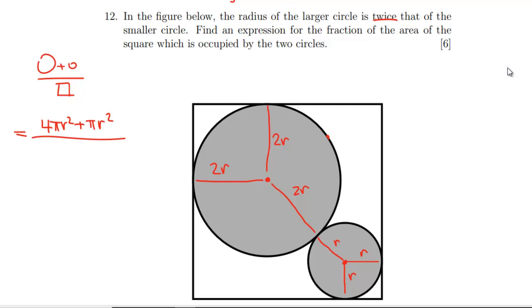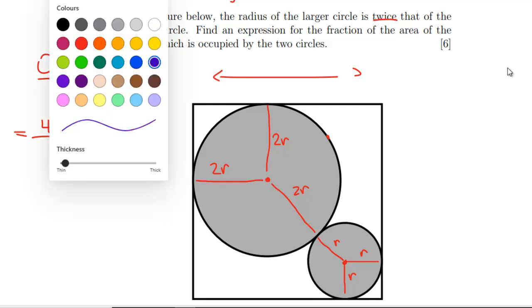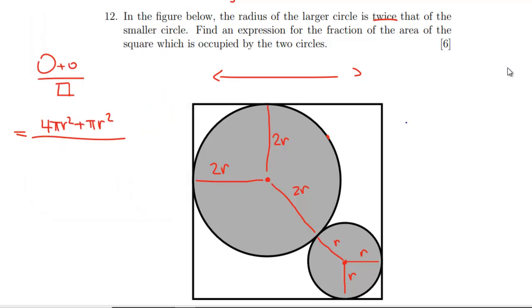And now we need to find a top to bottom or a left to right. Let's go from left to right across here. I suppose we could go for a diagonal, but I don't think that's going to be the same effort. So we've got 2r for one bit, r for this bit here. What do we know about this?